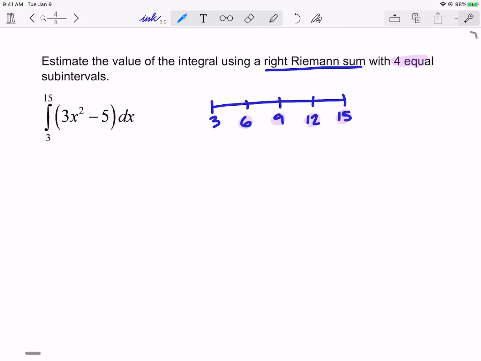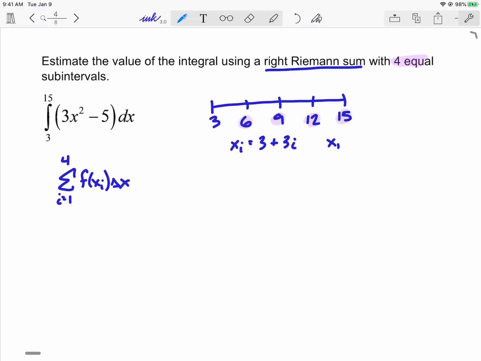And then what do I do? Well, my formula says I do the sum from i equals 1 to n, in this case n is 4, of f of x sub i times delta x. Well, what's my x sub i? My x sub i formula says it would be 3 plus 12 over 4, which gives me 3, so it's 3 plus 3i.